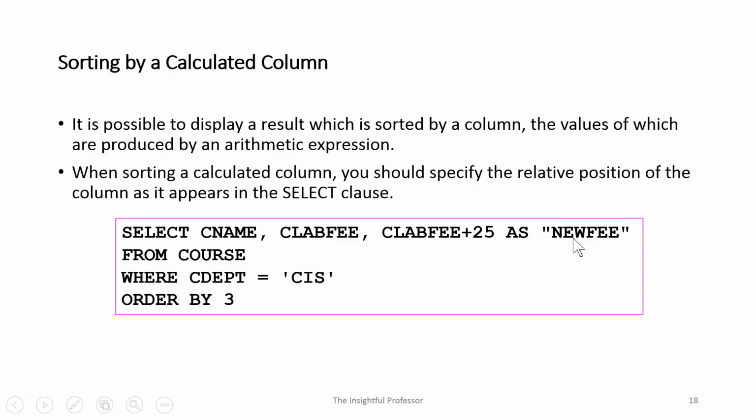This is another reason to apply the rename, so that you're guaranteed you have a convenient and consistent way of referring to the column. So we could say order by new fee. A general rule here when you make a reference to a renamed column is, if the column is enclosed within quotation marks as you see here, or what programmers call double quotes, you should make a reference identical.